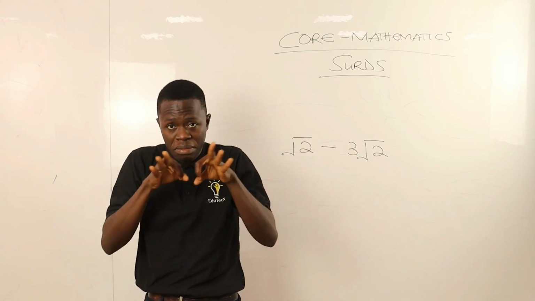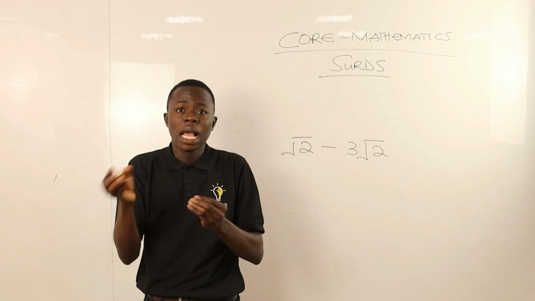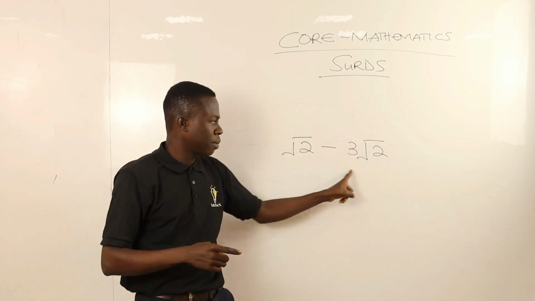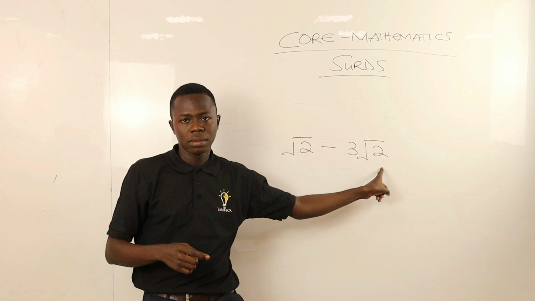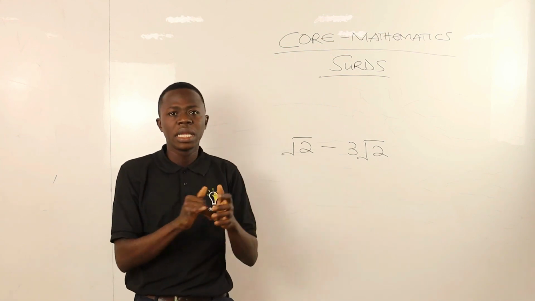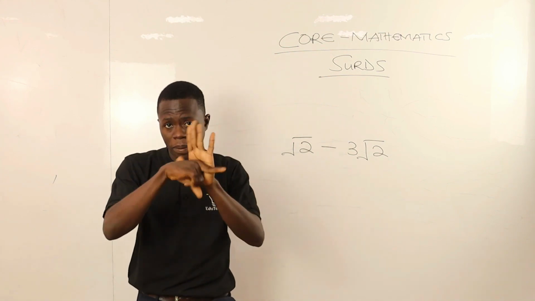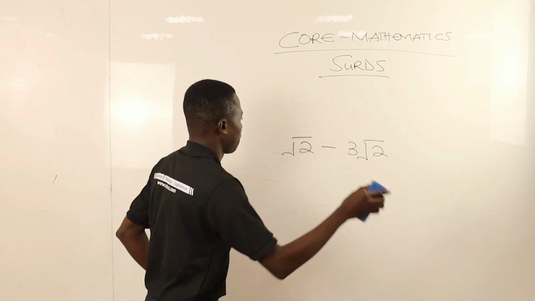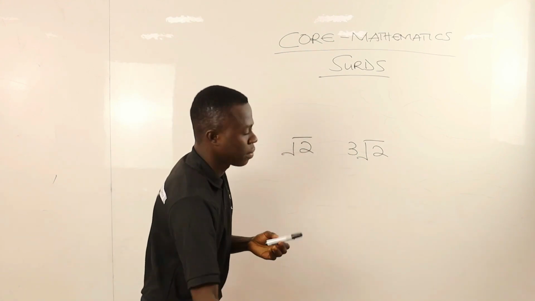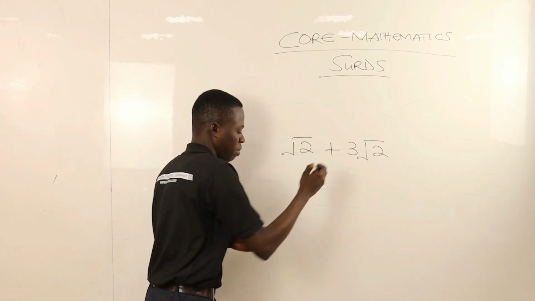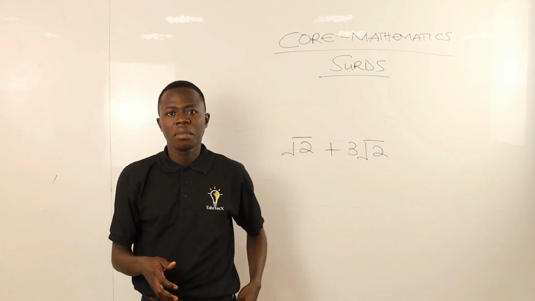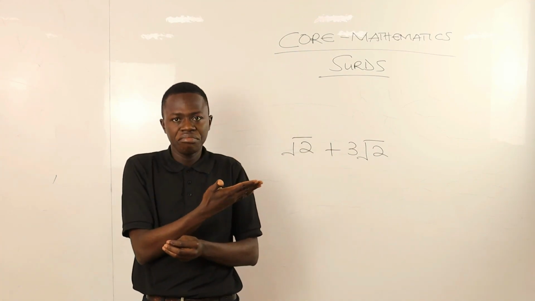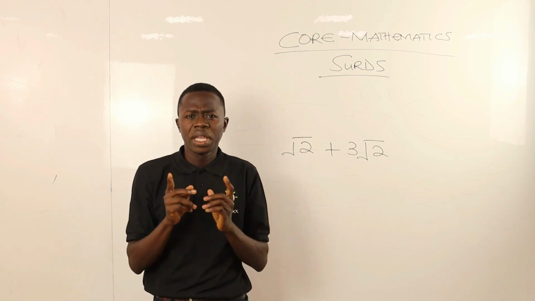So if you are asked to solve addition or subtraction of surds, how is it mostly represented? That's how you see it on the board. Square root of 2 minus 3 square root of 2. In this particular example it is minus, but you can also have another question that's giving you an addition.